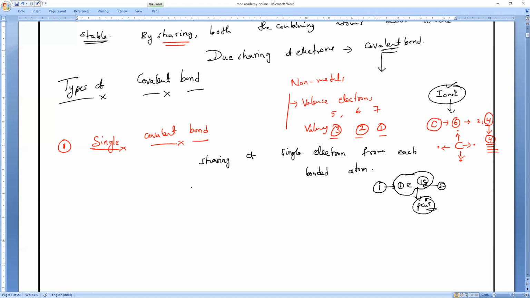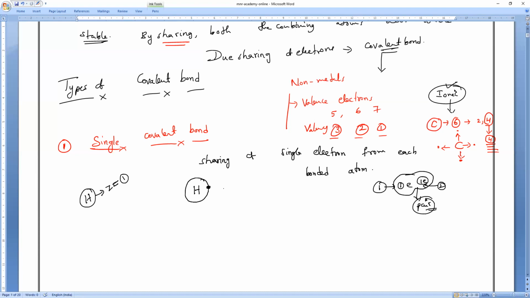For example, I'll take hydrogen. What is the atomic number of hydrogen? 1. So it has how many valence electrons? 1.